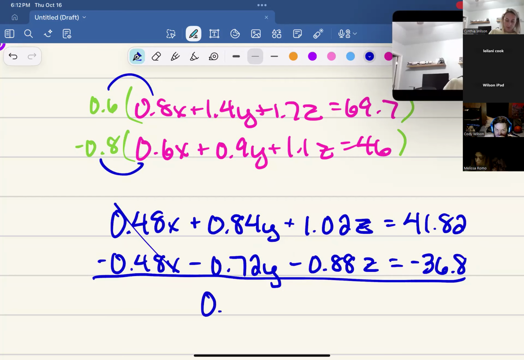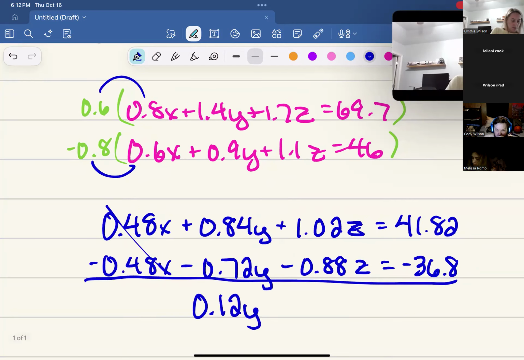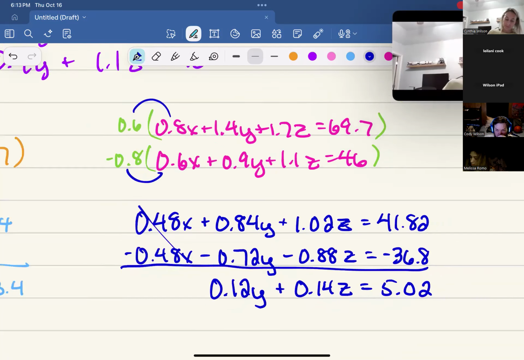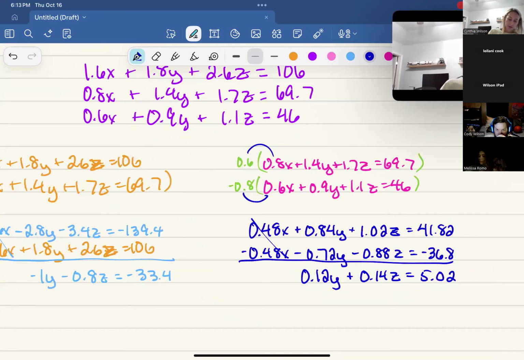So this is 0.12y, 0.14z, and 5.02 for the constant. All right, now we put these two together.